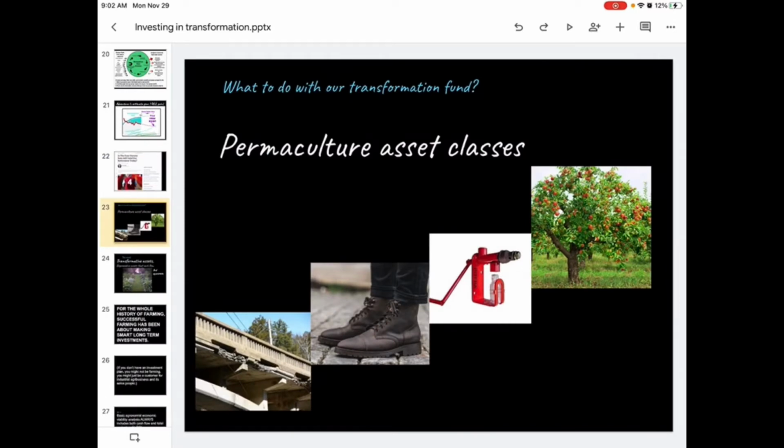And this leads us to one of our biggest ideas in permaculture, which is often called, even by its founder, permaculture's most important idea. In fact, Bill Mollison said that all of permaculture was basically just an extension of this idea of asset class analysis. Permaculture provided a different analysis tool for looking at different asset classes. On the bottom left there, you see an example of what we'd call a degenerative asset.